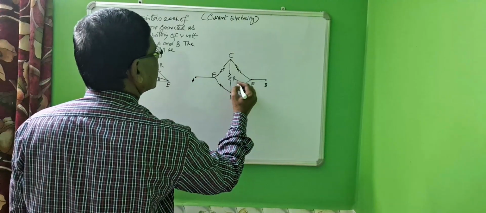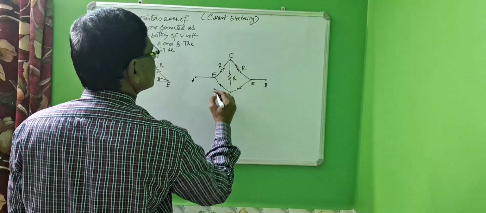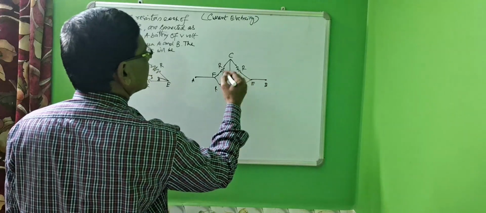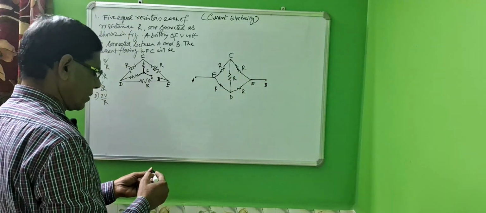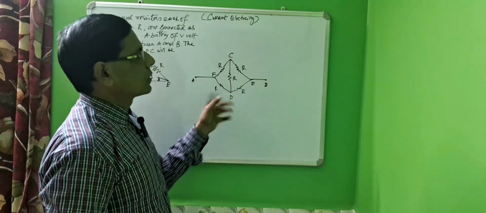So here is R resistance, R, R, R and R. So 5 equal resistances are present here.